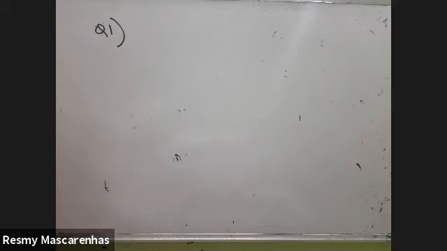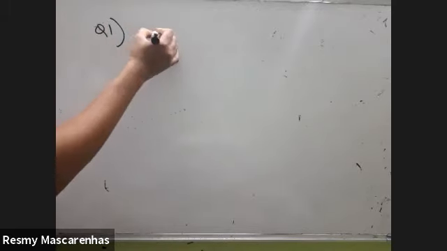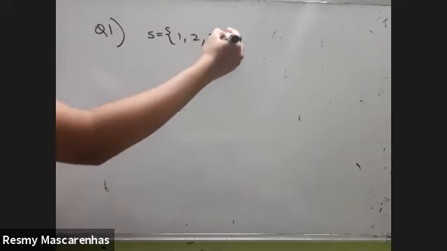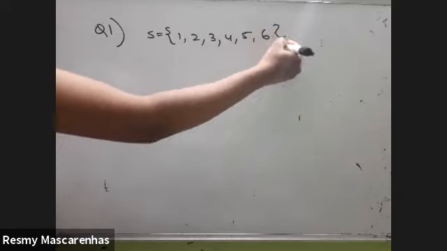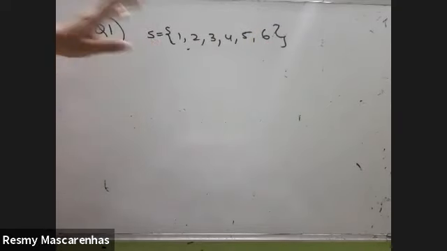So what are the possible combinations? Anytime a question like this is given, write the sample space first. You throw a die, so what can come up? You can guess the numbers: 1, 2, 3, 4, 5, 6. These are the possible outcomes. That's the sample space S without any condition.